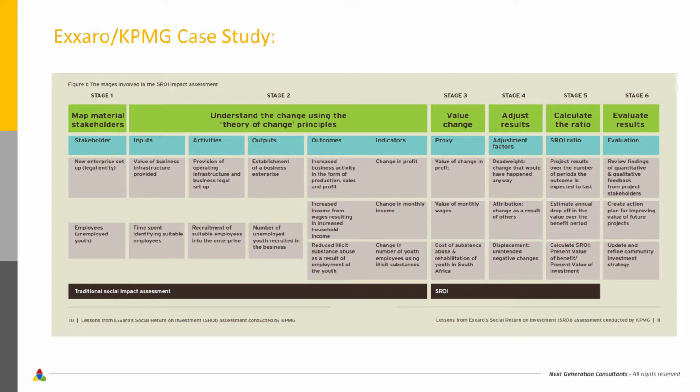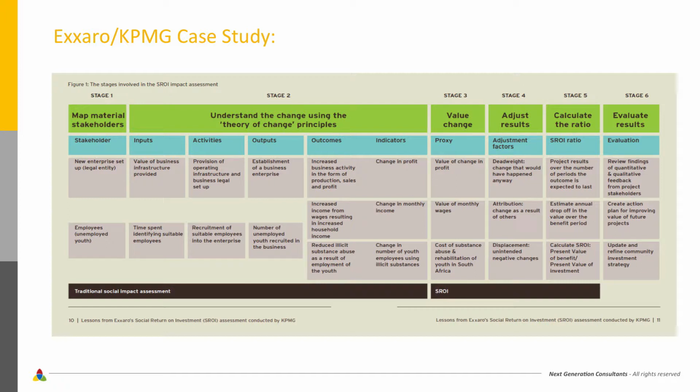So in order to determine that 3.25 Rand, they have mapped the stakeholders involved in the bakery. Then they looked at the kind of inputs. They followed the logic model framework here. The activities, the outputs, the outcomes. Here are the indicators. So in the bakery, for instance, one of the indicators was a change in profit.